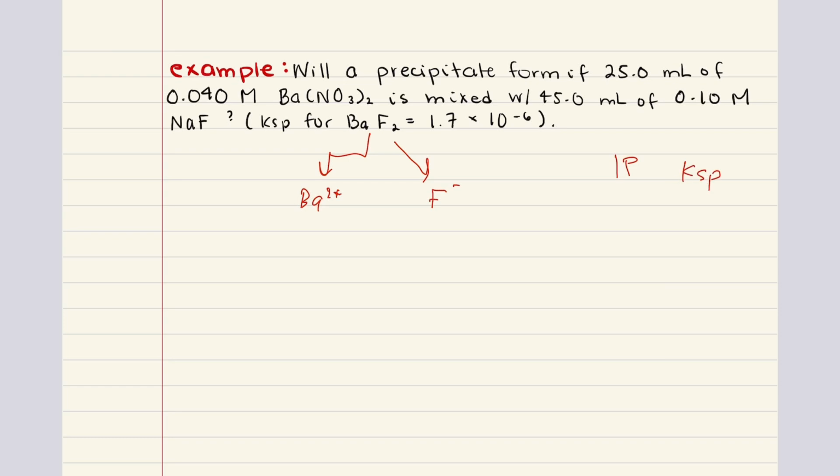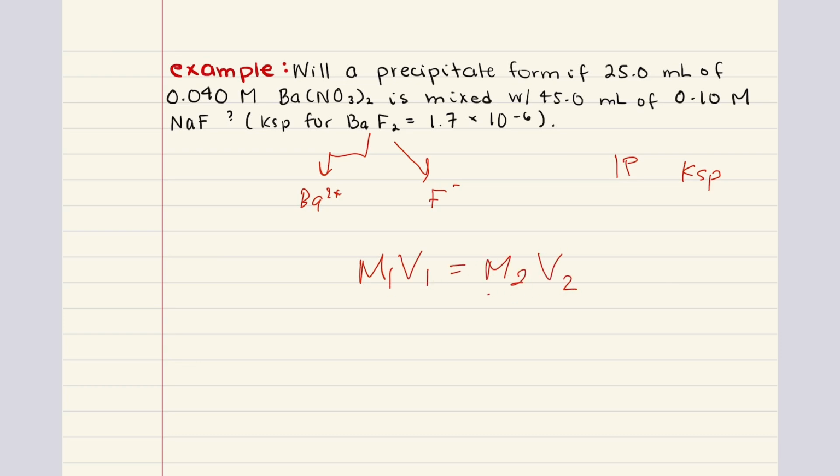In order to calculate the ion product, we have to determine the concentration of the relevant ions after mixing the two solutions. Mixing two solutions is, practically speaking, the same as diluting them, so we can actually use the solution by dilution equation, M1 V1 is equal to M2 V2.